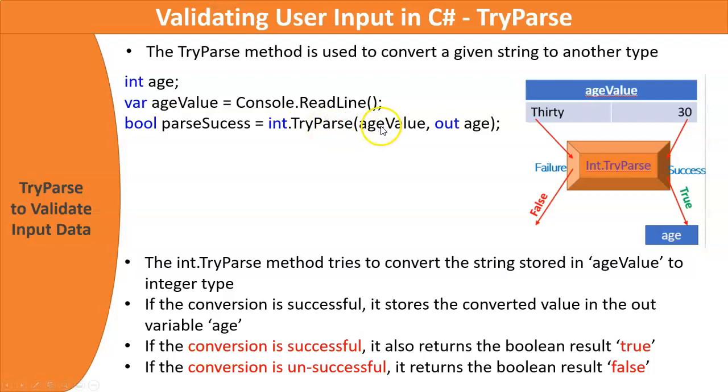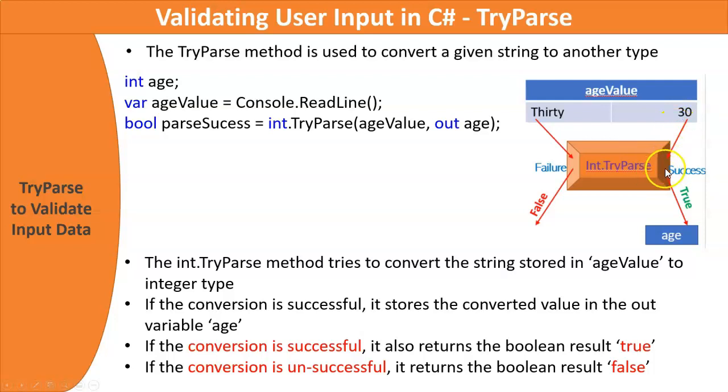The age value now has the numerical value 30. The TryParse method tries to convert that numerical value 30 into an integer type. And we know that this will be a successful conversion.